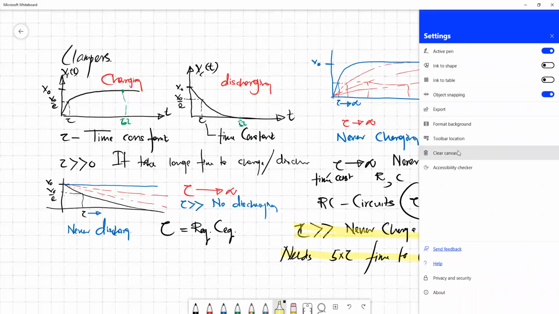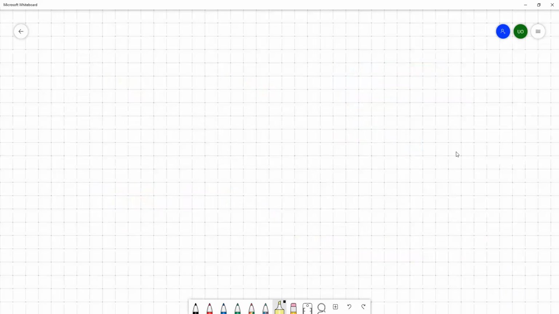We need to apply this to the clamper. So we'll now consider a very simple circuit. You have a capacitor here, and you have a load resistor and a diode.